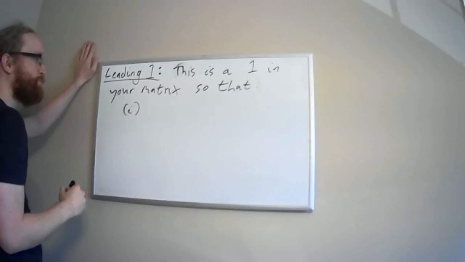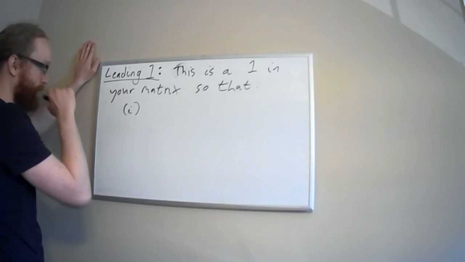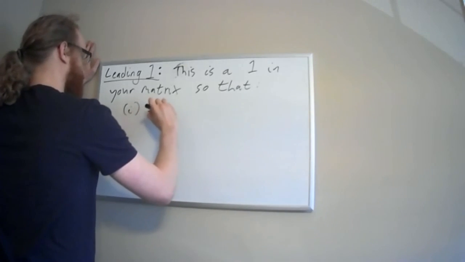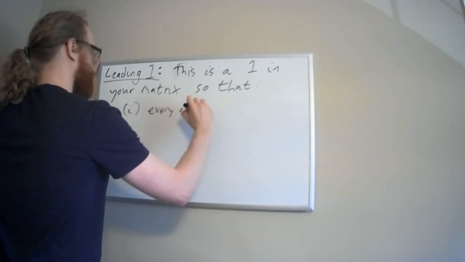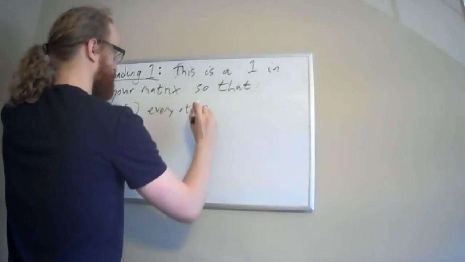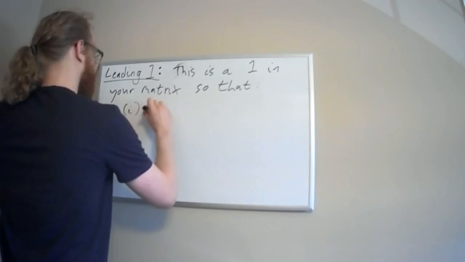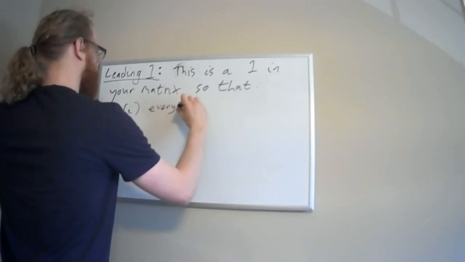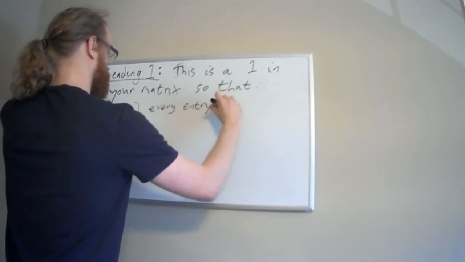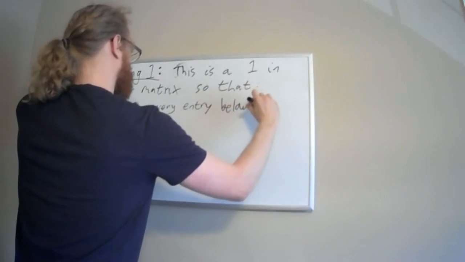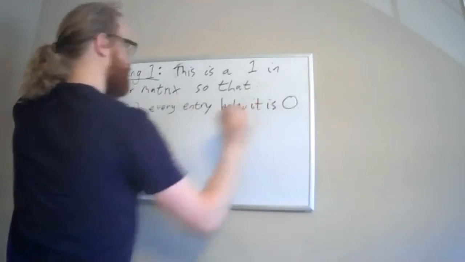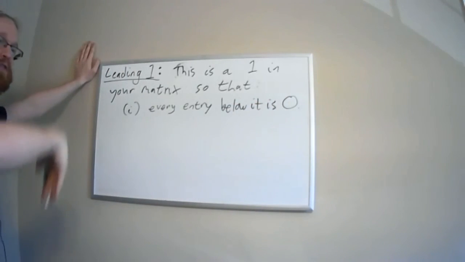The first condition to be a leading one is that every entry below it is 0. So everything underneath it is 0.